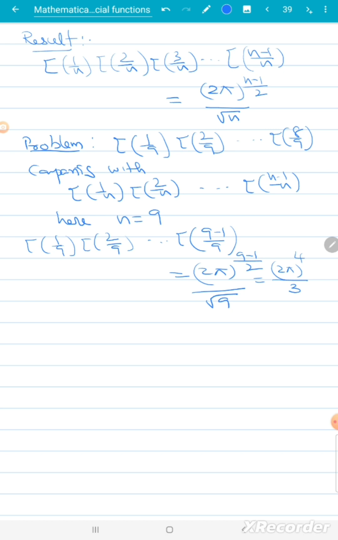So this equals 2 pi to the power of 4 by 3, or this can be written as 16 pi to the power of 4 by 3.